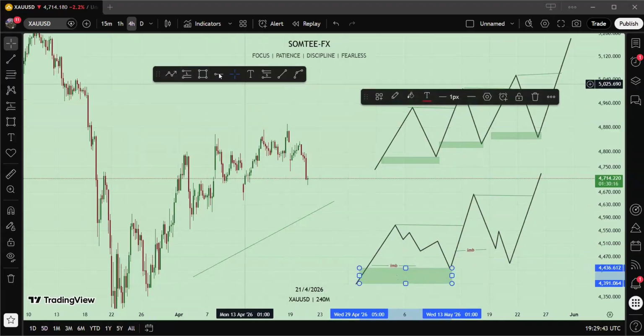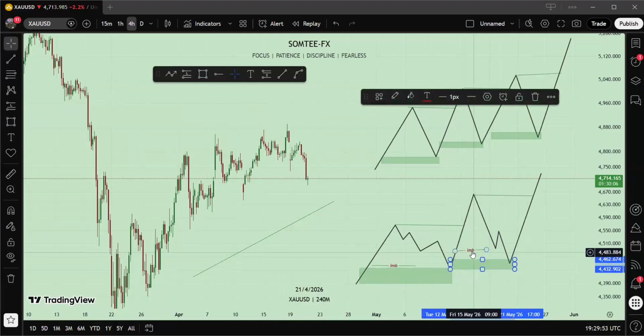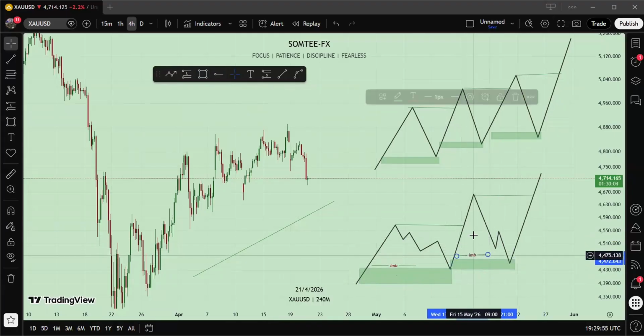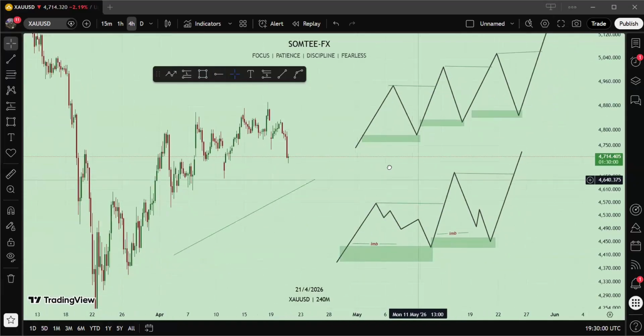Like I said before, you see an imbalance. Most of you think market will just come to an imbalance and just move.